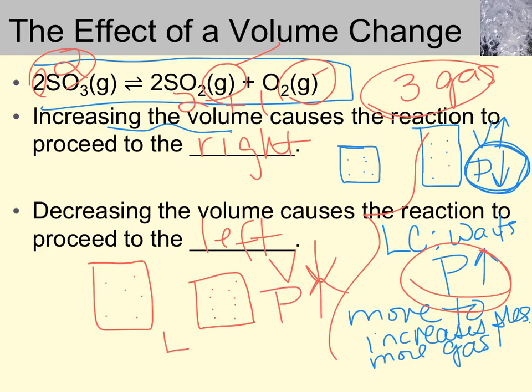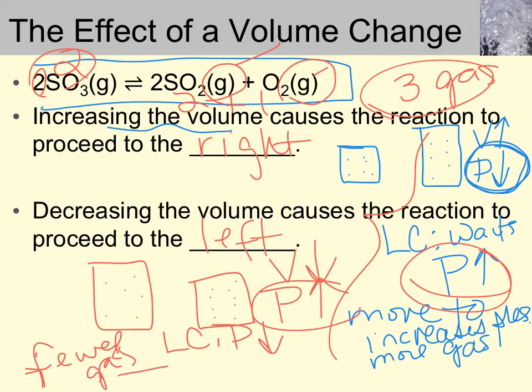So then Le Chatelier wants to respond by doing the opposite. In other words, it wants pressure to go down. And now how do you make pressure go down? You move to the side with fewer gas molecules. Okay, and which side of this reaction has fewer gas molecules? The left. So that matches up okay.